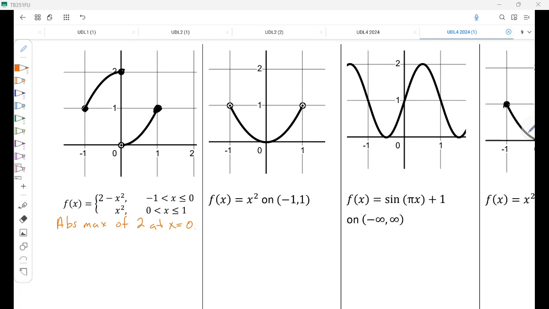If that point was filled in, it would hit an absolute minimum of 0. But this function does not have 0. You could never plug an x value in and actually get 0 out of it. But you could get 0.000 with 50,000 zeros and a 1, which is a really, really tiny number. So there is no absolute minimum on this function.